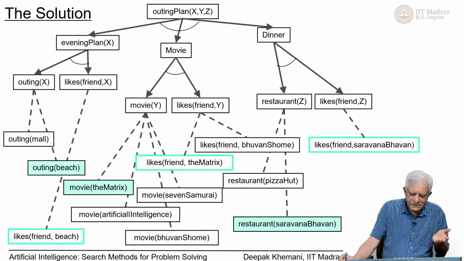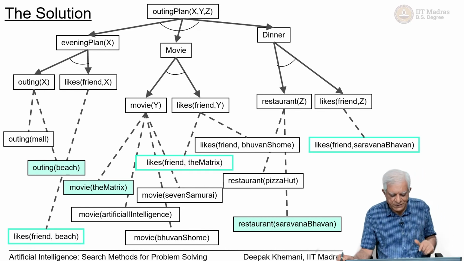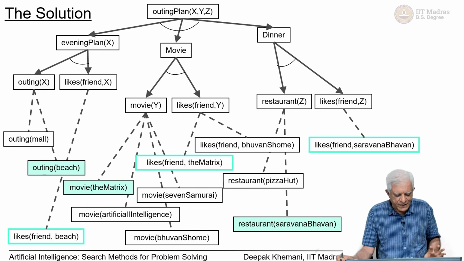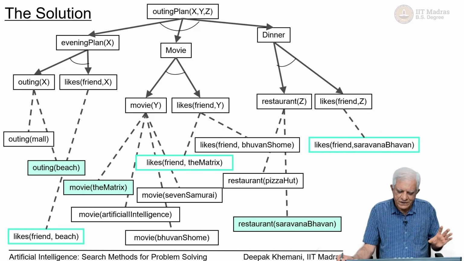And if you look at the AND-OR tree that we looked at, the solution is marked in green. So, the 3 choices are shown with green or cyan shaded rectangles, and the fact that your friend likes them are shown in rectangles with cyan outlines essentially. But as you can see, it's a subtree of the AND-OR tree essentially.